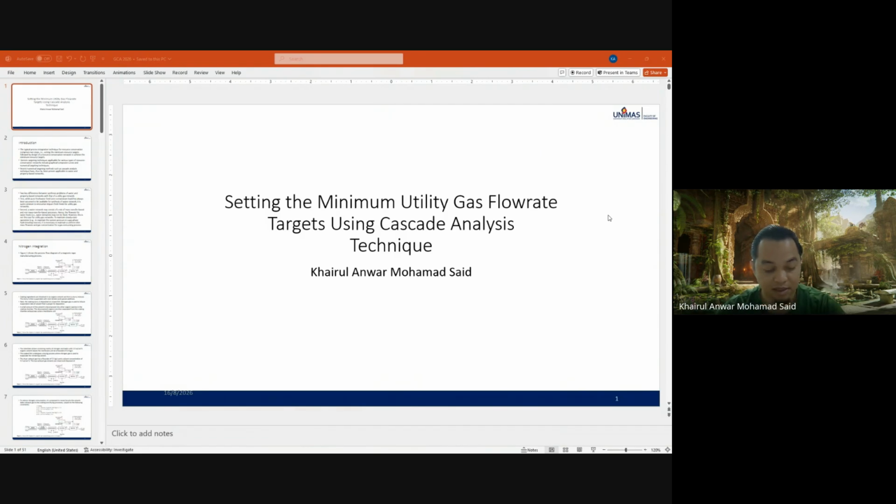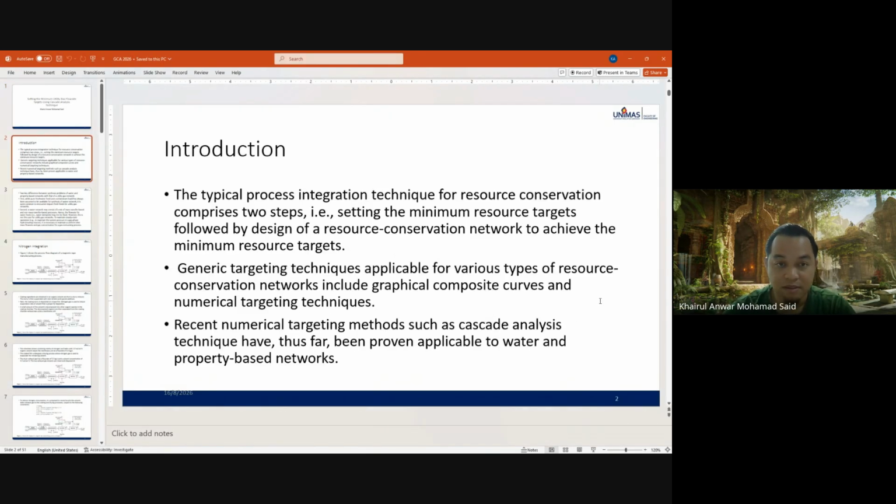Okay, let's get it. So process integration is an effective tool for resource conservation and emission reduction in water using networks, which we learned yesterday.